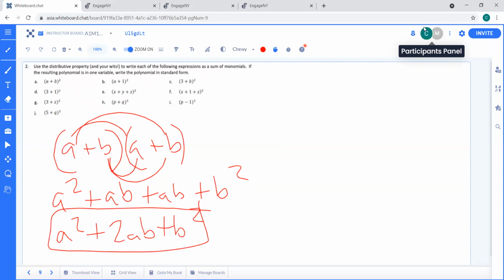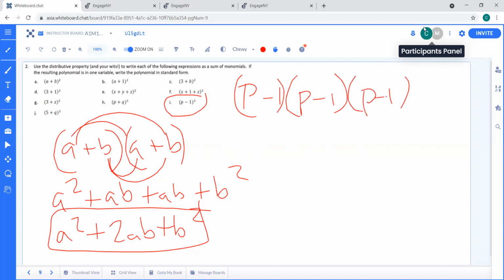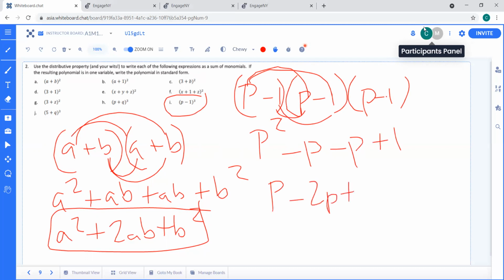Now, if it's to the third, like I is here, P minus 1, that's going to be 3 times. So you're going to do the first one: P squared, minus P plus 1. So you have P squared minus 2P plus 1 times P minus 1. And now just do it again. Everything by each other.